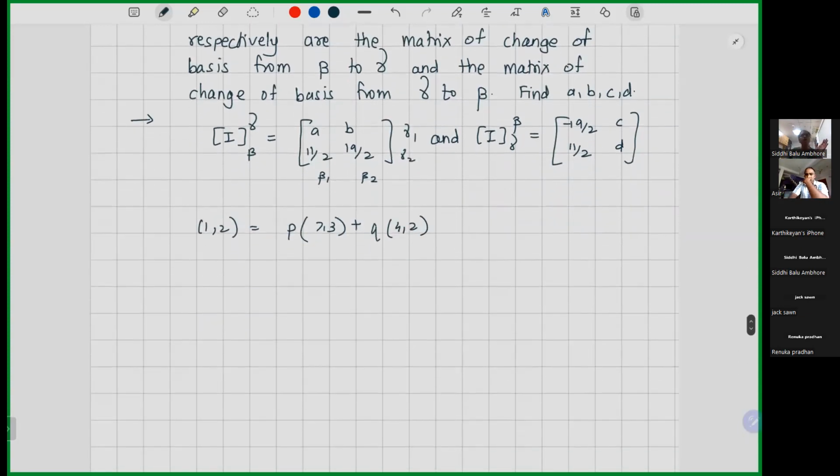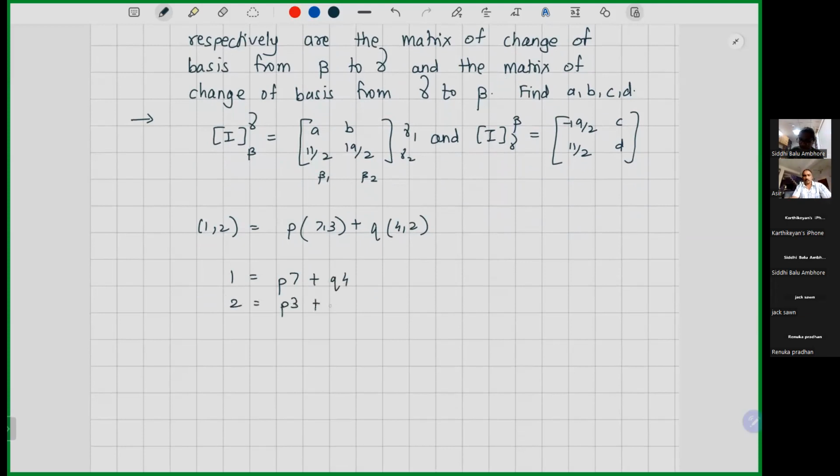So either you do this: 1 is equal to p7 plus q4 and 2 will be p3 plus q2, and then you can solve this system of linear equations and get the values for p and q.